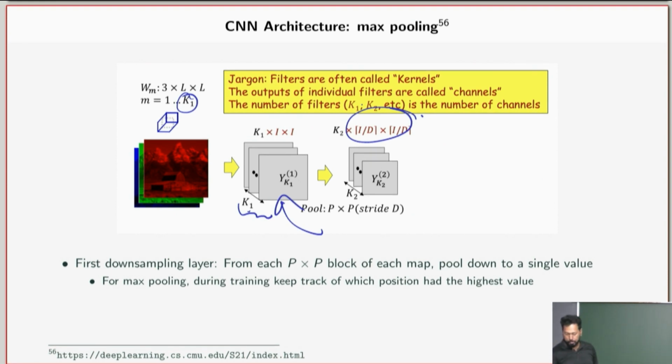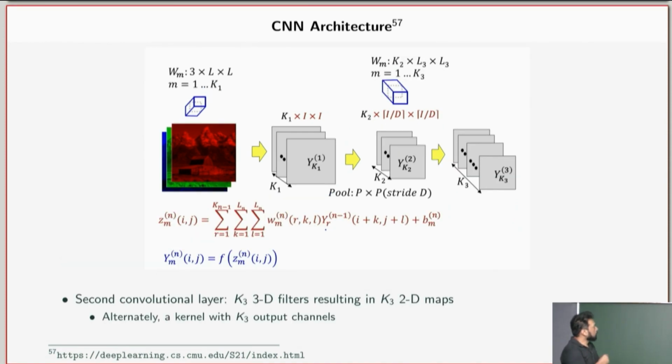So it becomes 1 by d. And this can also happen via pooling. So it could reduce by a convolution with bigger stride or by pooling. Then we go to the third stage, where we have this K3. So K3 number of filters we used in the third stage.